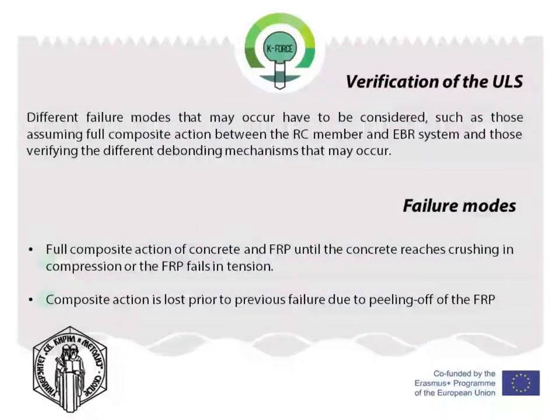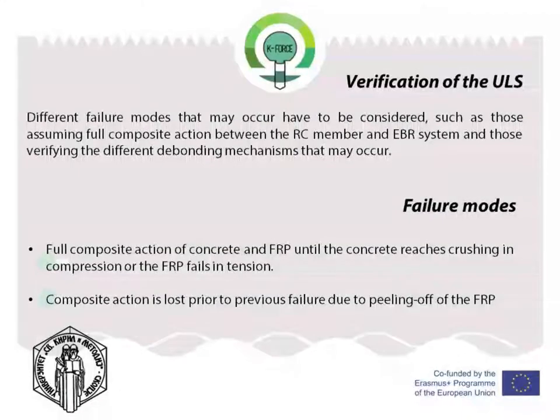In general, the failure modes can be subdivided into those assuming full composite action between the reinforced concrete member and the externally bonded reinforcement, and those verifying the different debonding mechanisms that may occur. The failure modes of reinforced concrete elements strengthened with externally bonded FRP reinforcement may be divided into two classes.